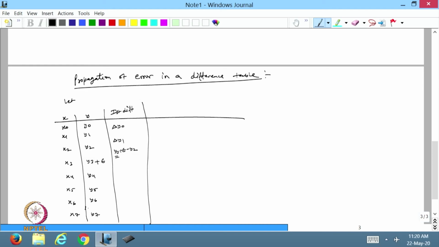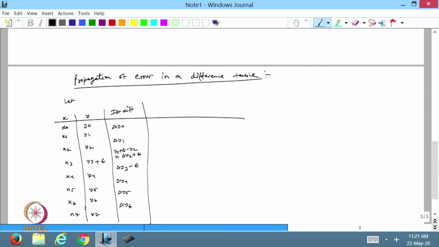That is equal to y 3 minus y 2, so del y 2 plus epsilon. The next value will be y 4 minus this, so minus epsilon will be there. So, here I can write del y 3 minus epsilon. Then del y 4, del y 5 and del y 6. Here I am using the forward differencing operator.